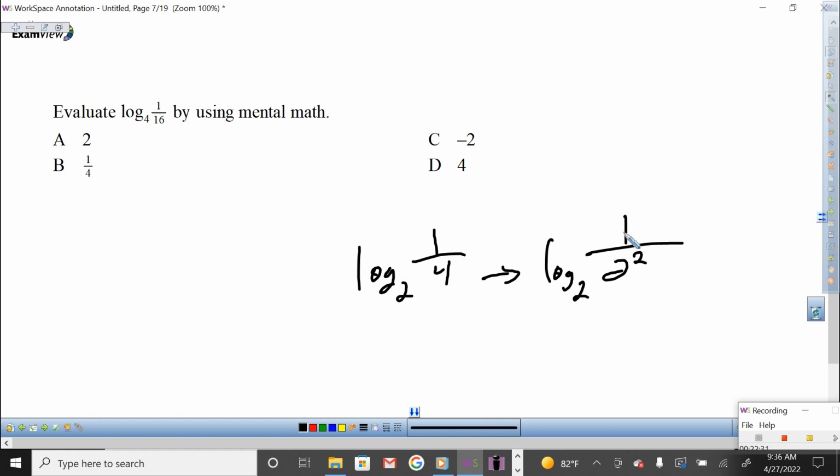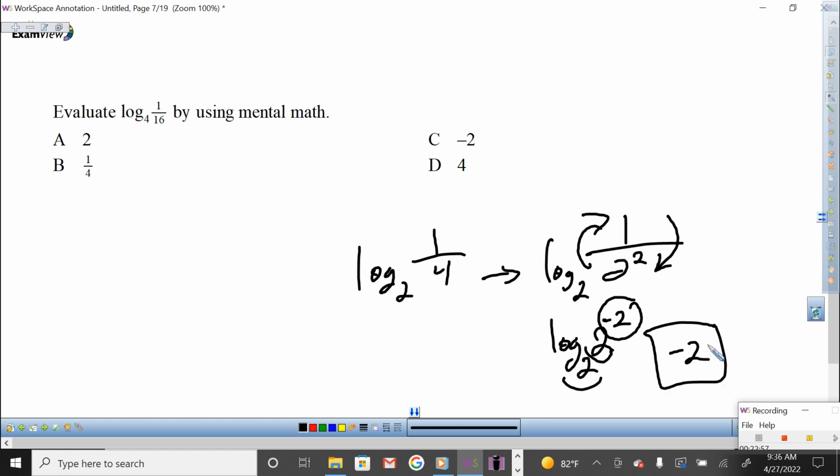We can have it in fraction form. So what do? Reciprocal and reciprocal. So this is log base 2, 2 to the what? -2. Once we do the reciprocal, it changes the sign of the exponent. Now, is this a base 2? Yes. So therefore, if this is the same as this, what is the answer? -2. Okay. With that said, do that one.